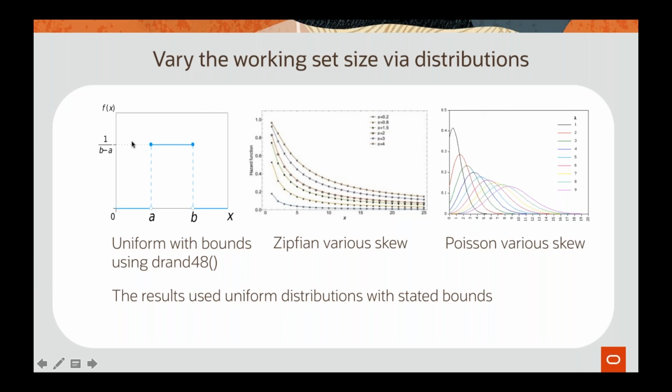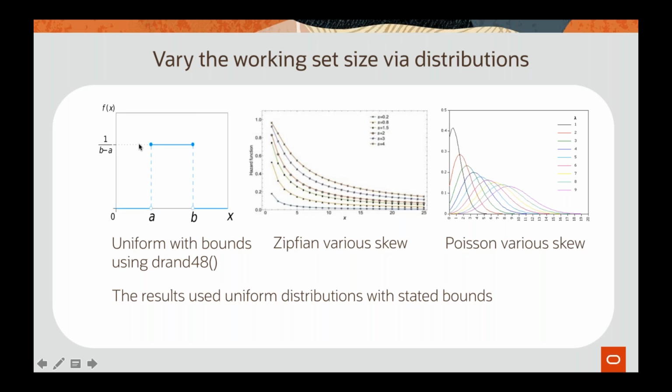Another way of looking at it: if I used all of the memory with an even probability, using a random number generator from 0 up to the maximum, that would be the worst case. If I artificially constrain the rows, I should get a better cache hit ratio.